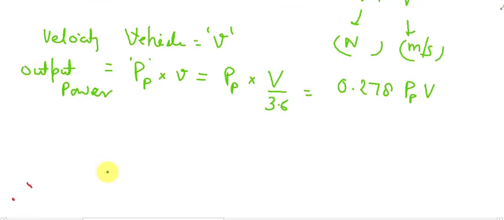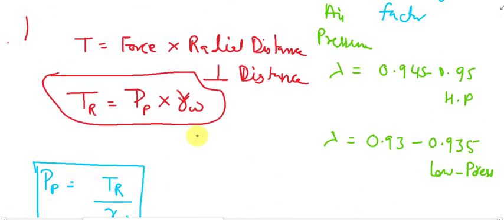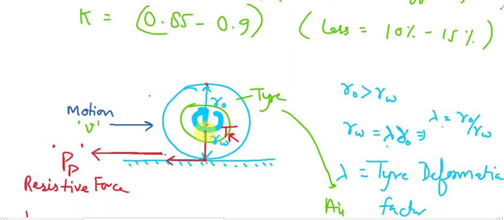But this formula is not complete here. We will go further. Let's talk about the RPM. For this particular wheel, the radius is Rw, which is the smallest radius as compared to R0.